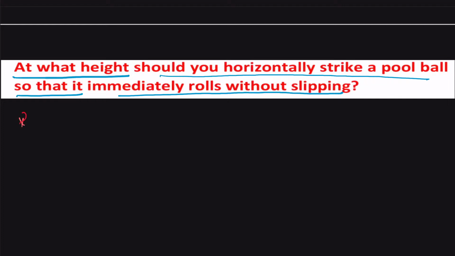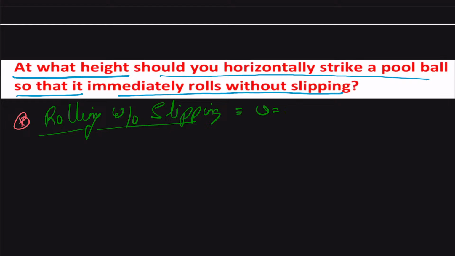So we can say that we have our rolling without slipping, and for this we know our condition that V should be equal to R times omega. So we are going to make use of this basic condition where R is the radius and omega is the angular velocity. V is the velocity of our center of mass.